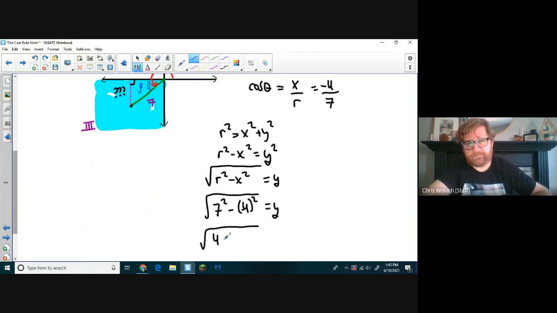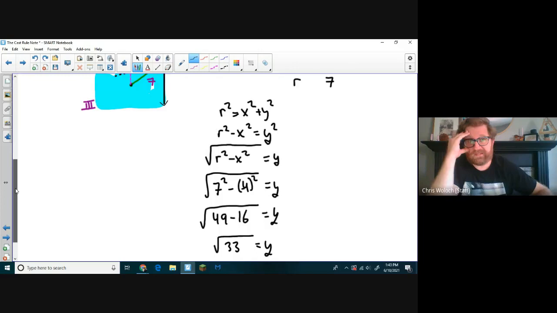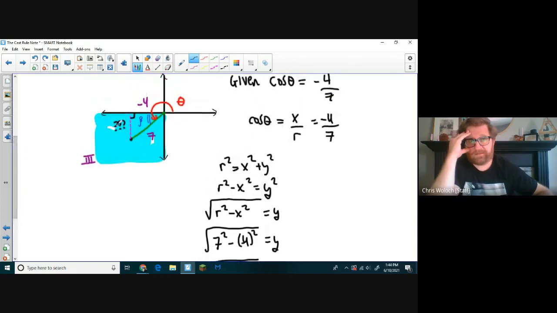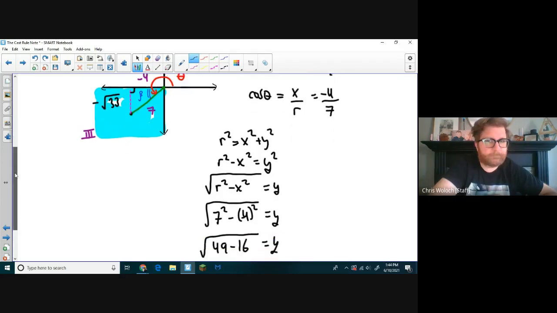So that's going to be 49 take away 16. So 49 take away 10 is 39, and then 39 take away 6 is 33. All right. So that means that this value down here is the square root of 33, but it has to be negative because, again, I'm in the negative y. Like every point in the third quadrant, the y value is negative. Okay.